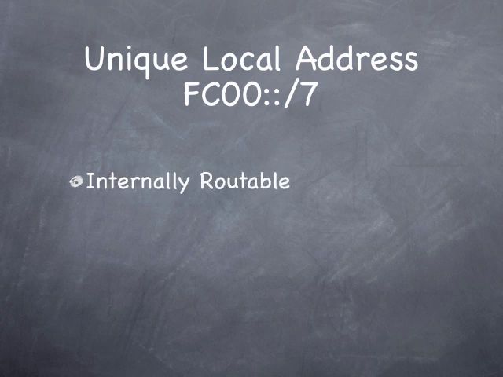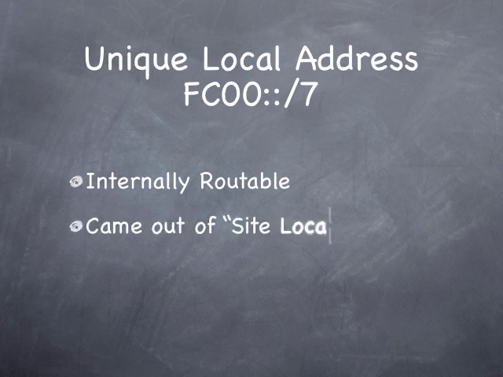What that's really used for is to have addresses that you can use internally. Compare them to 10-dot addresses that you may use internally. You may route them internally, even though they don't mean anything globally. It came sort of originally out of the idea of site local. Now, site local was part of the original IPv6 RFCs.